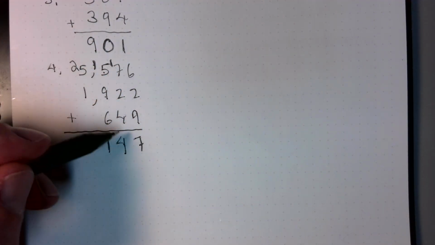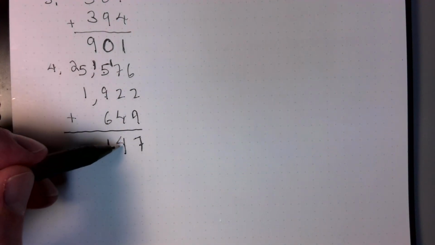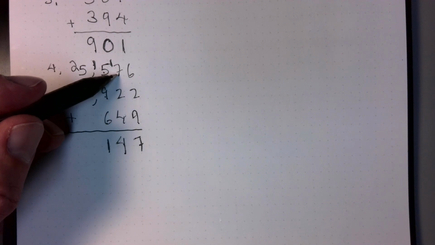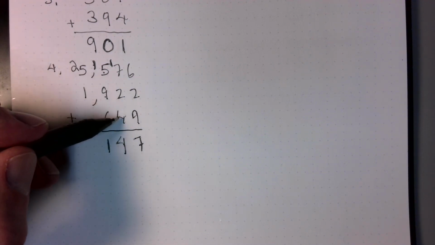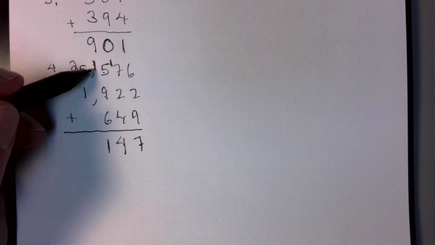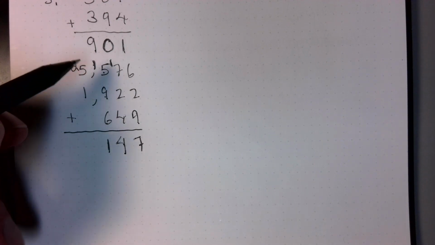Okay, notice here, coming from this column to this one, 1 plus 7 was 8, plus the 2 gets me 10, plus the 4 gets me 14. So I put my 4 down there, the 1's digit from my sum of this column, and then I carry over the 1 that was in the tens place, the 1 from the 14.